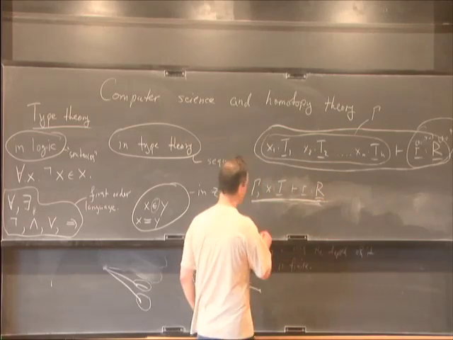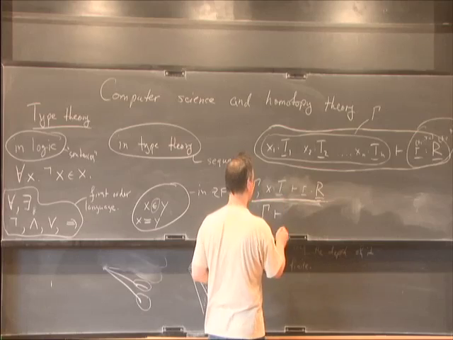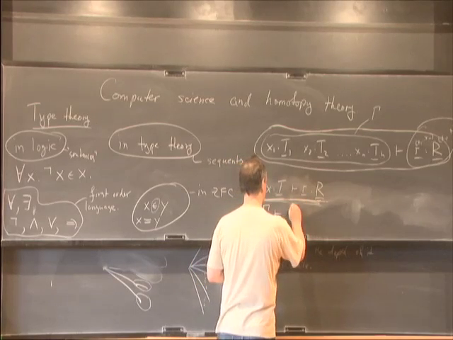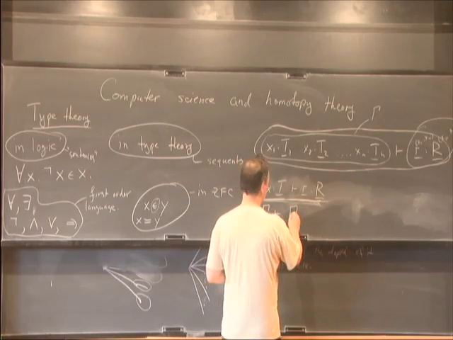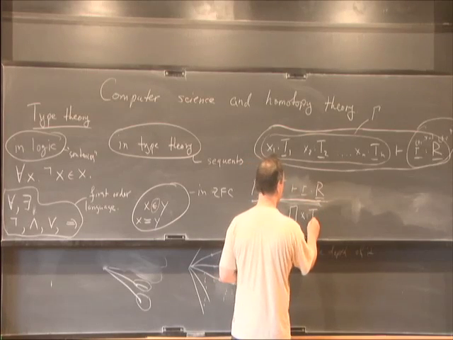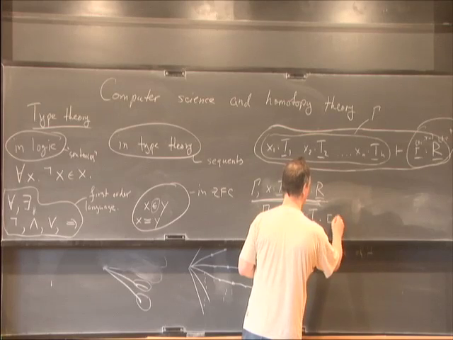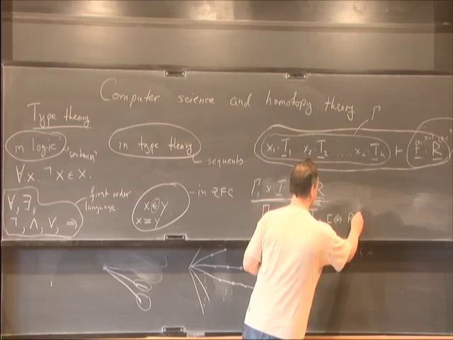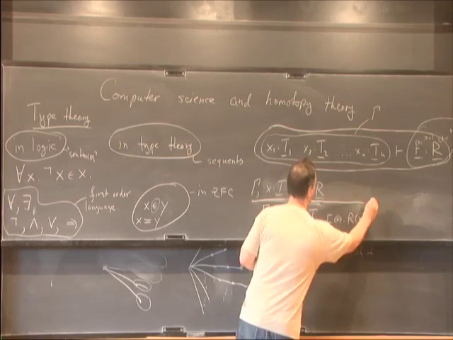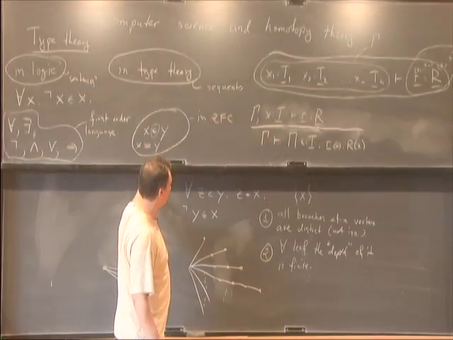Then I can form a new sequent for which the context will be just gamma without this thing, and the assertion will be that in the context gamma, I can form a product over all x in T of the corresponding R of x. So that's one of the ways to construct a new sequent from an old one.